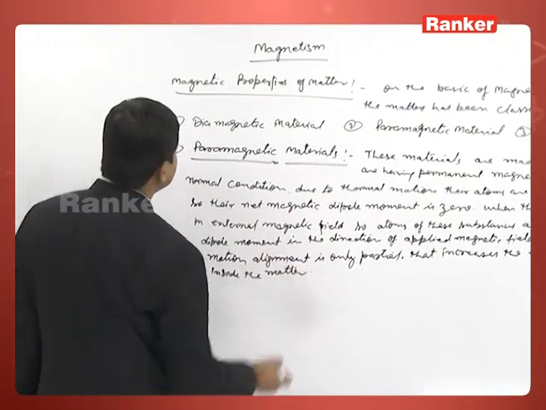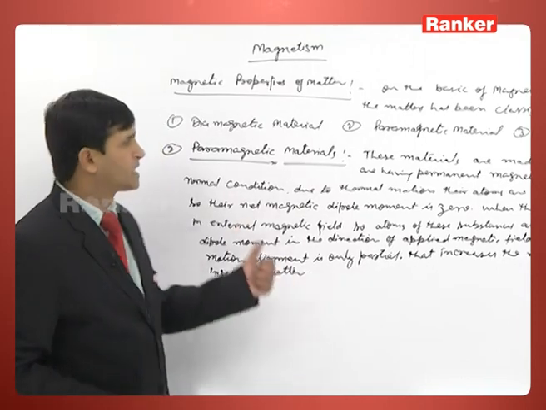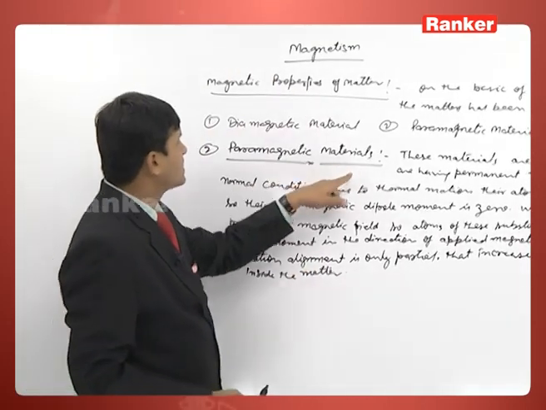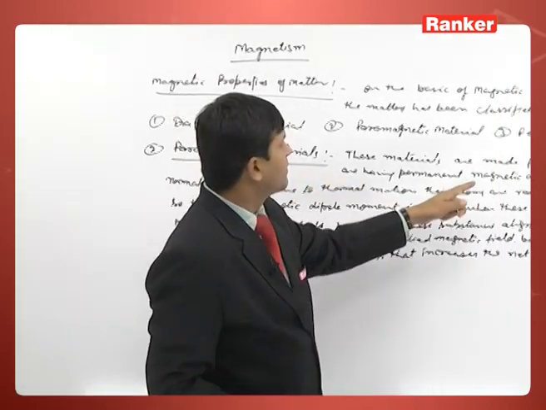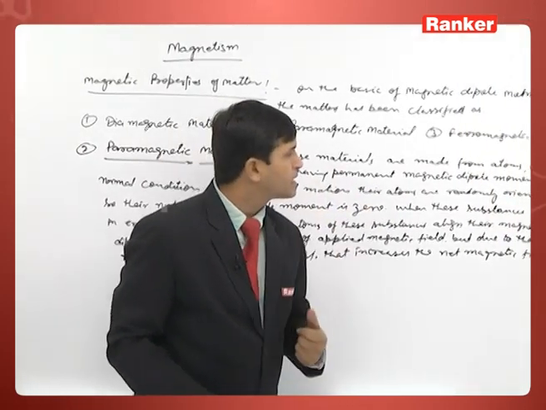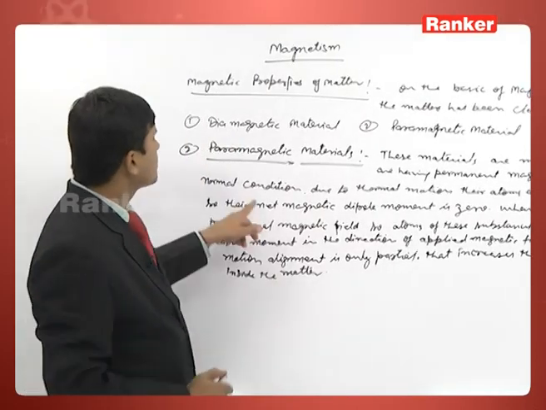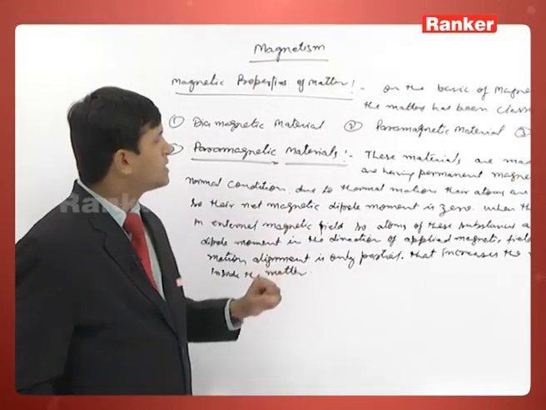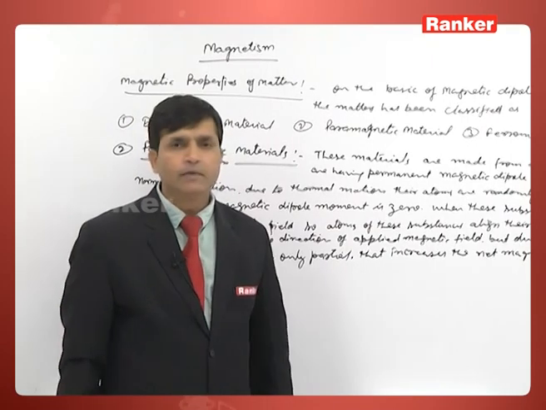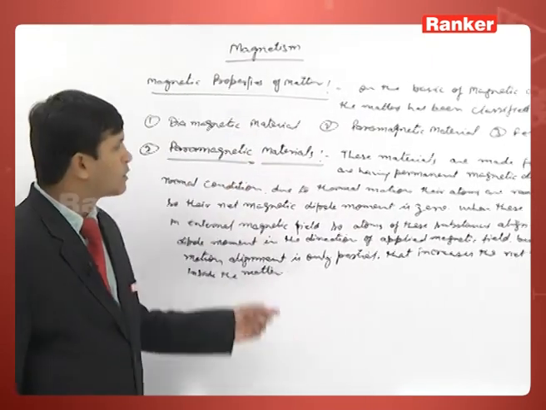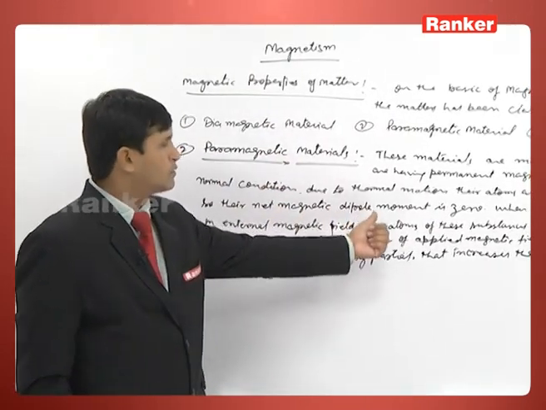This is the main characteristic of paramagnetic materials. Paramagnetic materials are made from atoms which have permanent magnetic dipole moment. In normal condition, due to thermal motion, their atoms are randomly oriented, so their net dipole moment is 0.